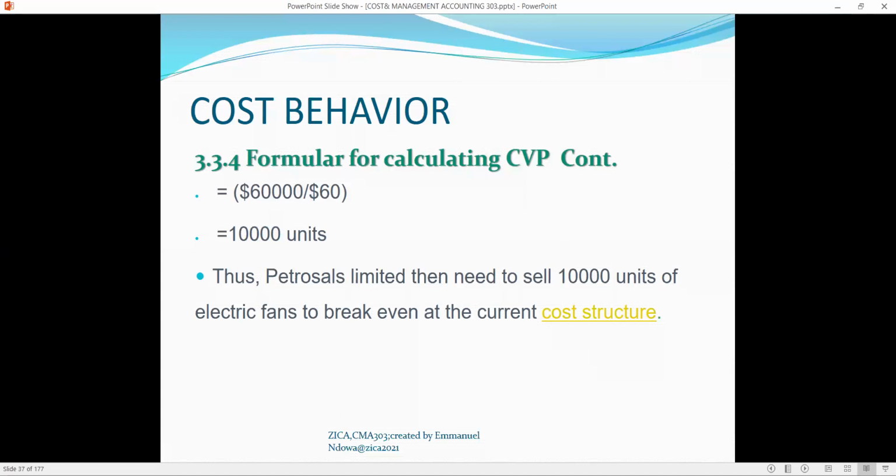They won't be in a position to realize the revenue that is going to cover the total cost. So can you see now the essence of the break-even point? You need to see where your revenue will be in a position to cover your costs. Thereafter, you can determine how many units you can sell.